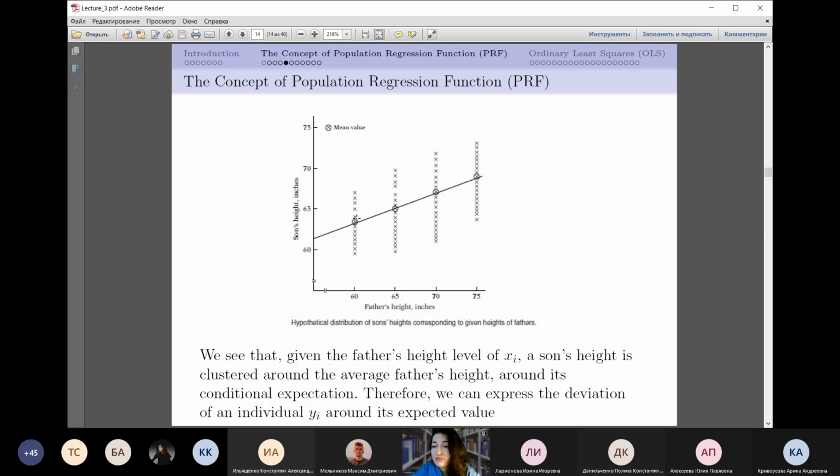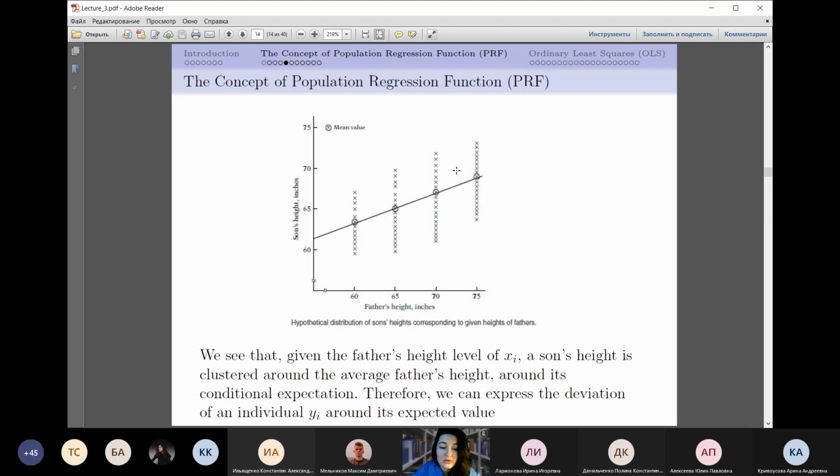It is not surprising that the centers of these groups increase with height, and these centers appear to follow a linear relationship. You can see this relationship here. If we connect the circles, these connected circles are formally called conditional means, or conditional expected values.